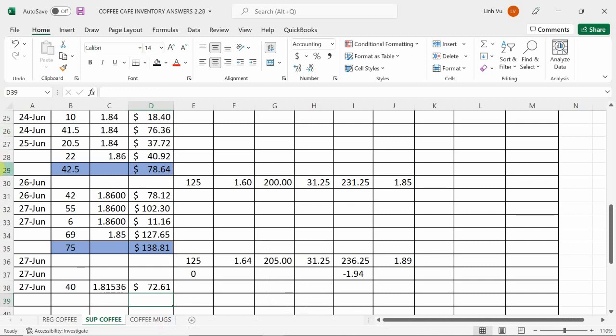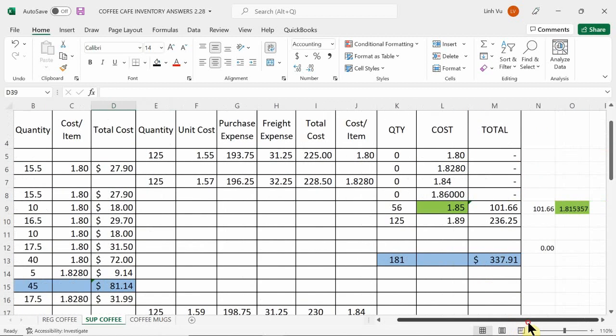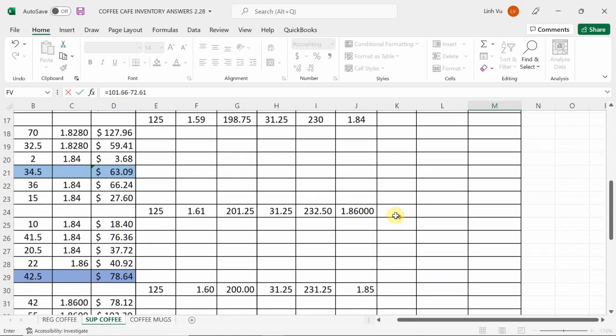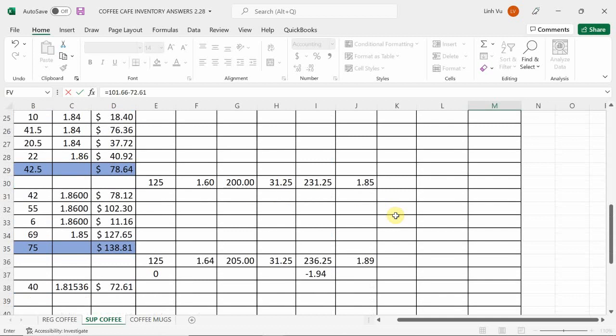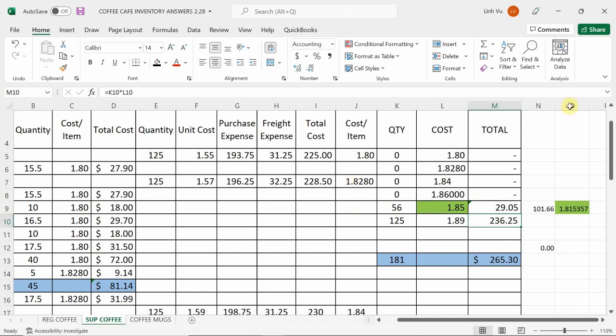Okay, and this is going to give me a total cost of goods of $72.61. Okay, so in this case, $72.61 is what I need to subtract here. $101.66 subtract $72.61, right? Okay, is going to get me a total of $29.05.